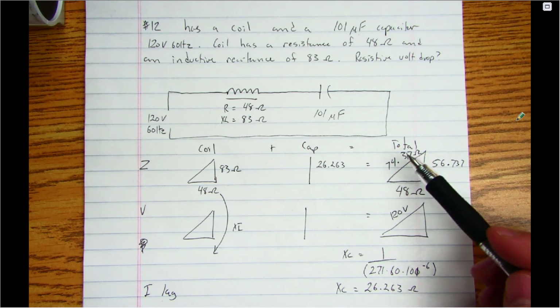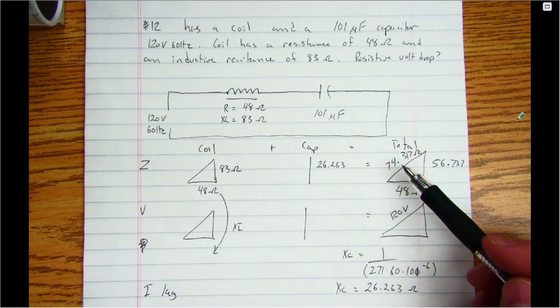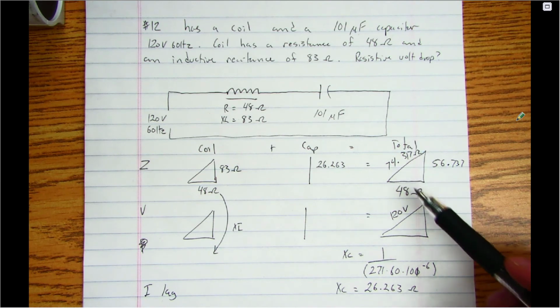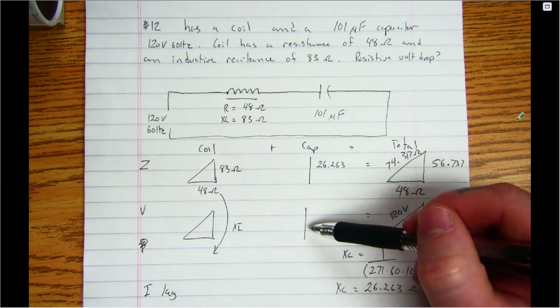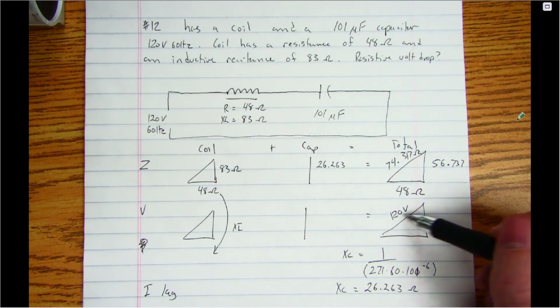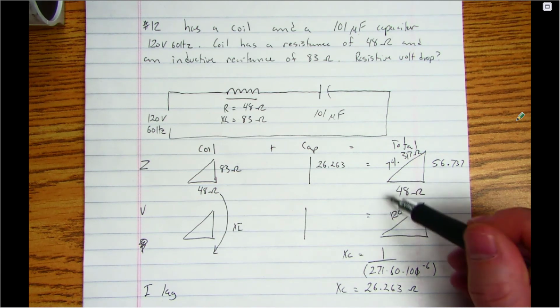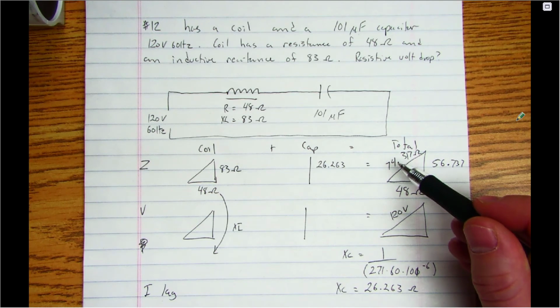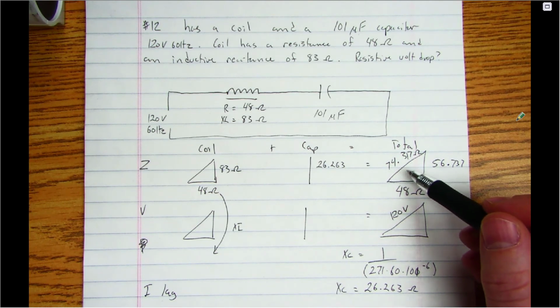Whenever you get something on the same side of a triangle in the same section, whether the total section, the capacitor or the coil, current exists between those values. So current exists between this 120 and this 74.317.